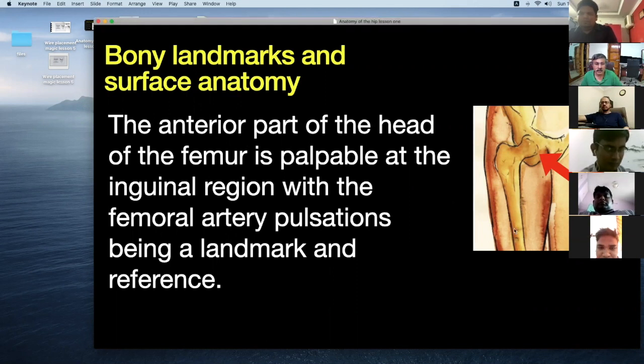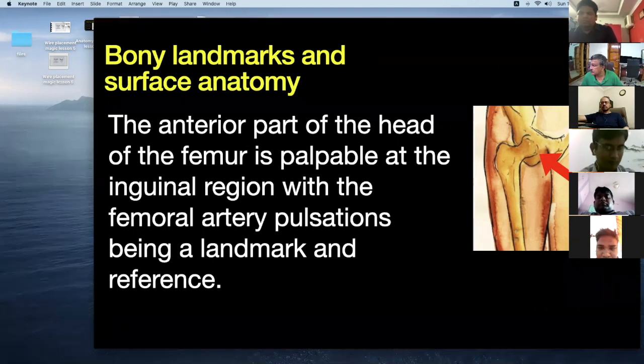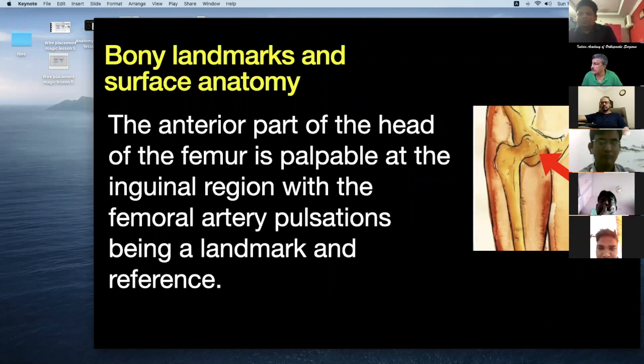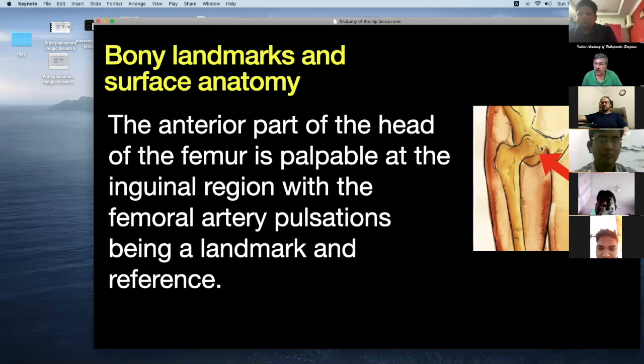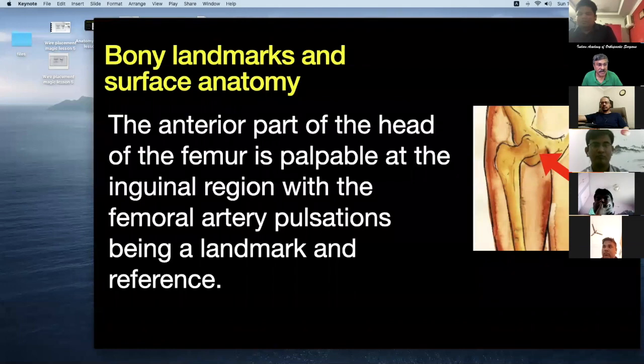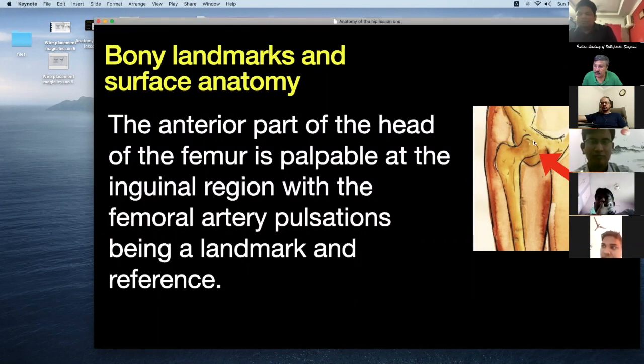So all you need to do is to put an index finger right onto the inguinal region and feel the femoral pulse. Straight behind it is the femoral head. That is how we aspirate a hip joint, and by putting a needle directly from here, you can reach the head of the femur.